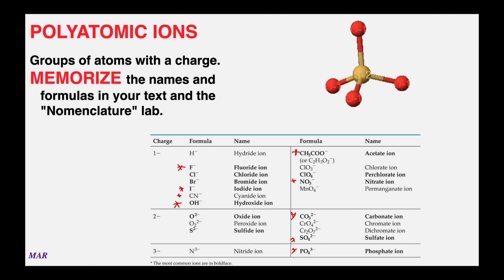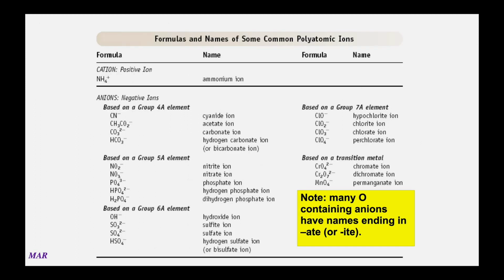They, of course, have flashcards now online. You can look at them on your phone or your computer. But the more time you spend with this, the better. You're going to run into them quite a bit, I'm letting you know. Here's a little bit more thorough list. And there's lots and lots of these, as you can see. One of the few positive ones is NH4 with a +1.